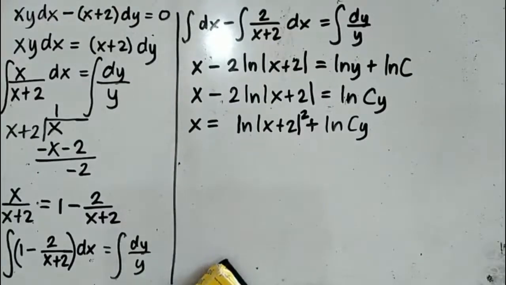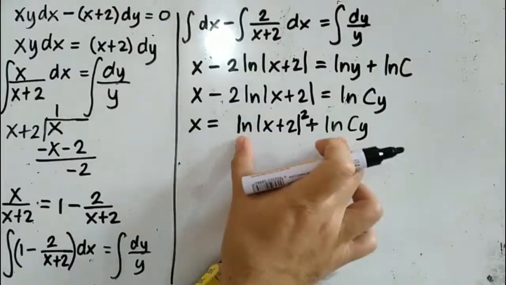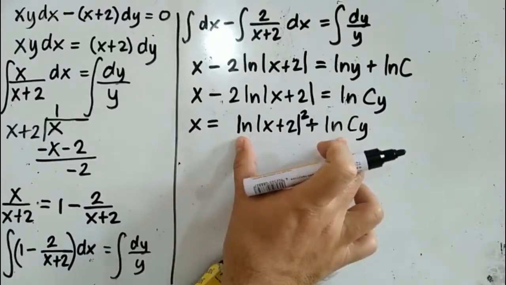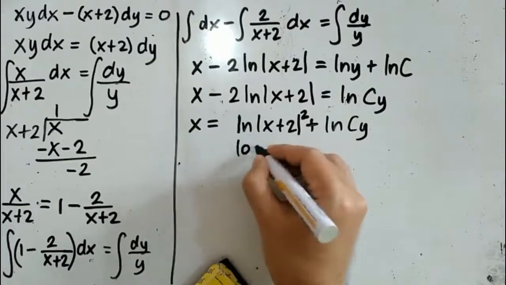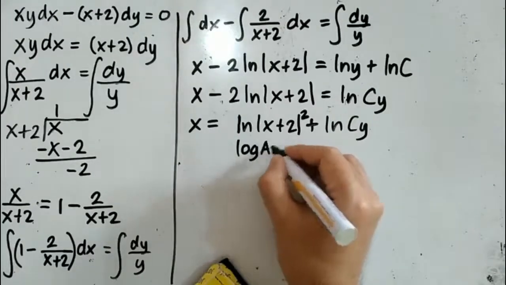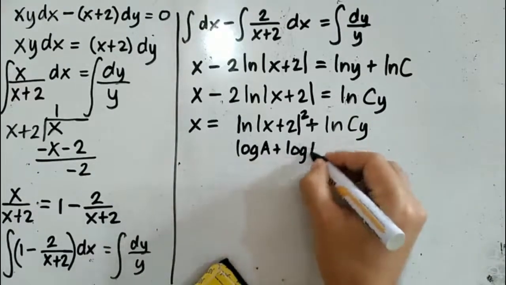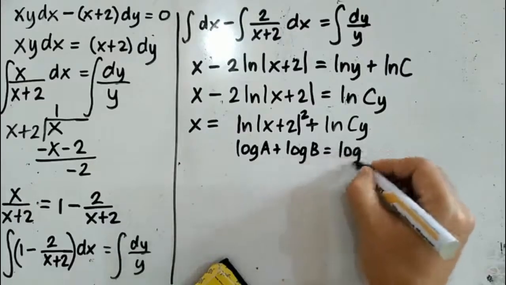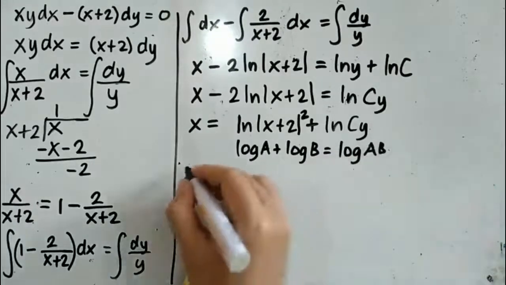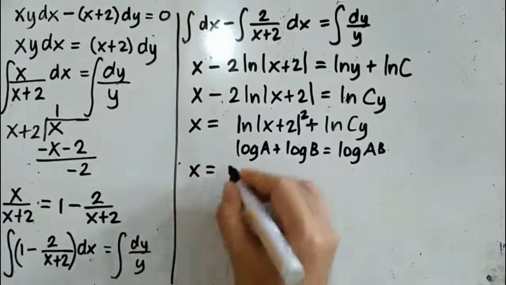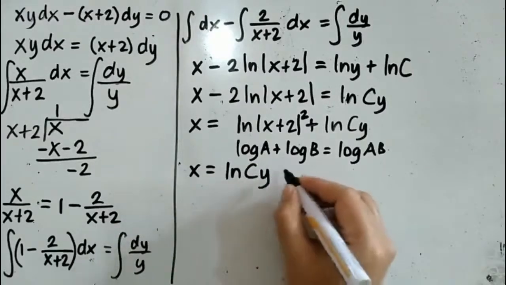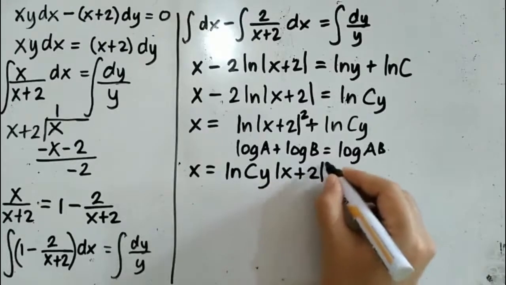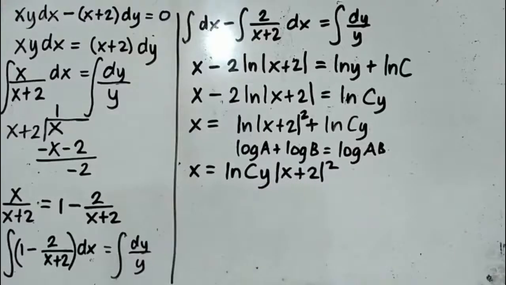And then we can combine this into one expression because of the rule for logarithms, which states that log of a plus log of b equals log of ab. So x is equal to ln of cy times (x plus 2) squared.